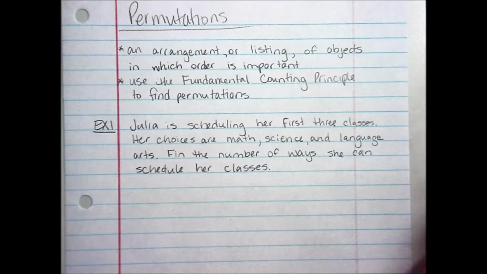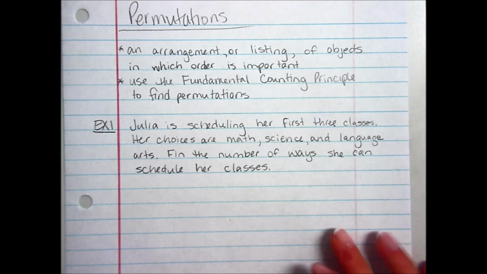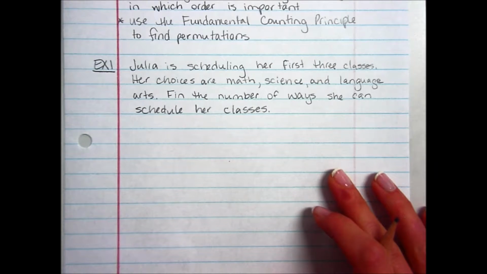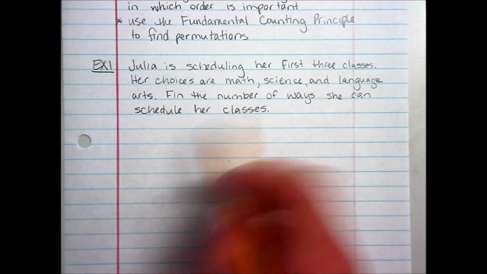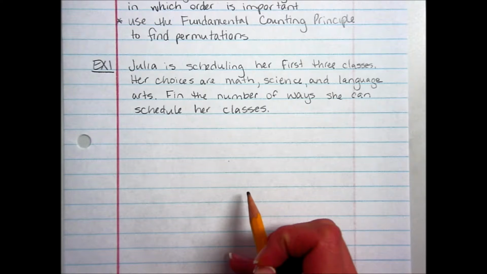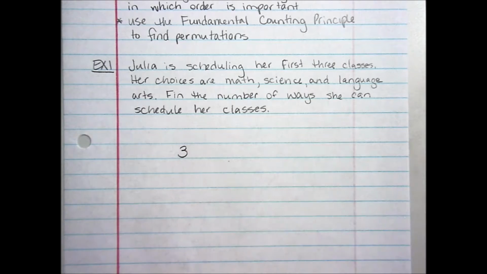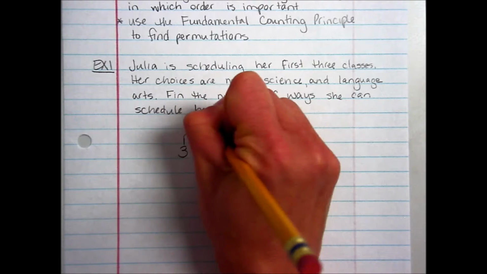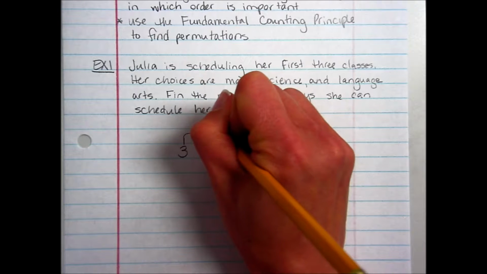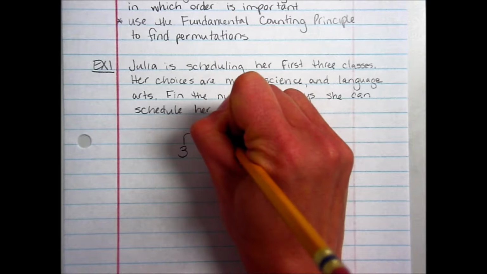For these permutations, some of these numbers are going to get very large, so you will need to have your calculator. Because what you do is you think, okay, she's got 3 classes to schedule, 3 choices. So there are 3 classes, 3 choices for class 1.